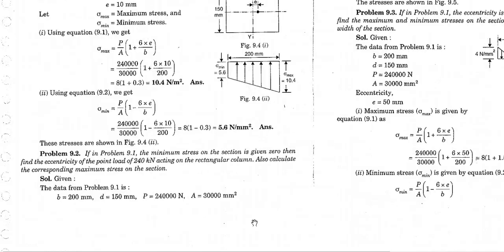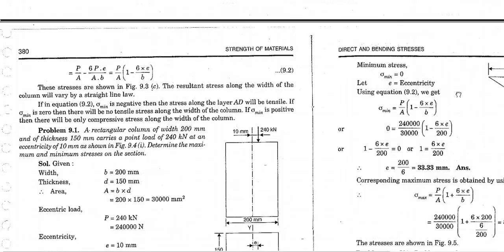So in this question, the similar approach I have described just now has been given. In problem 9.1, the minimum stress on the section is given as 0. Then find the eccentricity of the point load of 240 kN acting on the rectangular column. Also calculate the corresponding maximum stress. So these are the following data given.